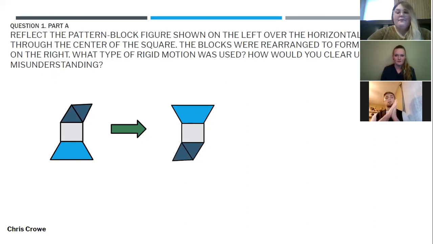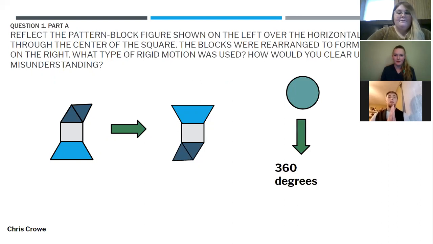Okay. So the way I went about figuring this out is I looked at a circle for a reference. The reason I did that is because a circle is all the way around 360 degrees. And so I got to thinking, okay, the figure has been moved about halfway instead of going a complete 360. What's half of 360? 180 degrees.